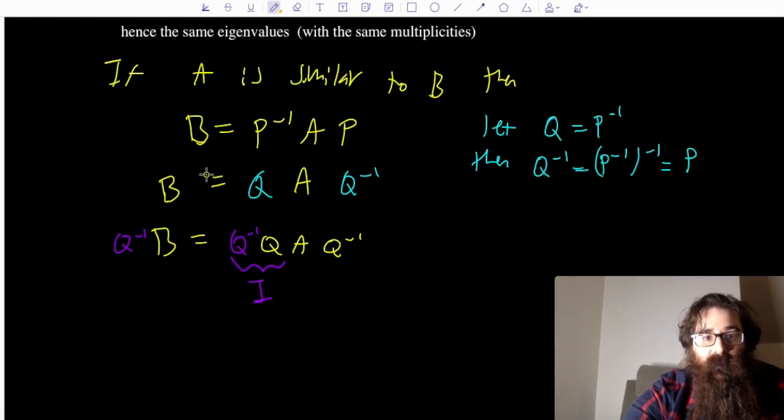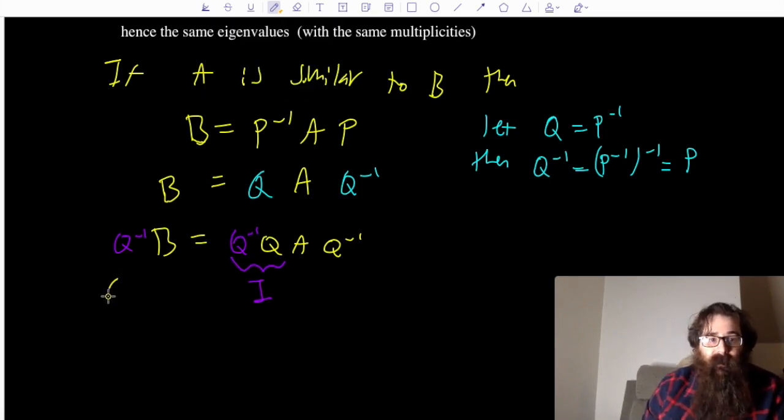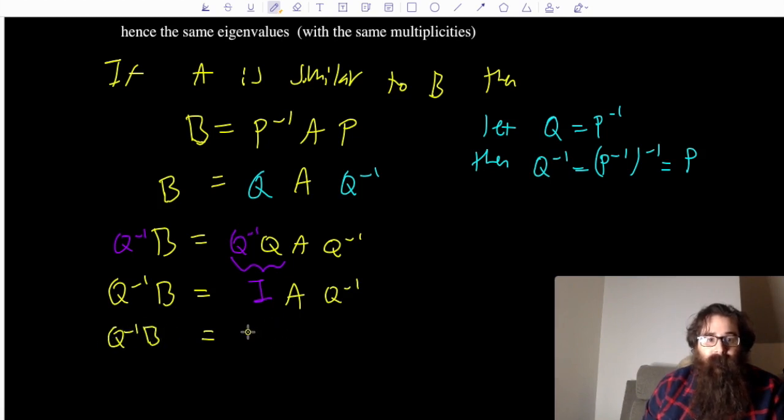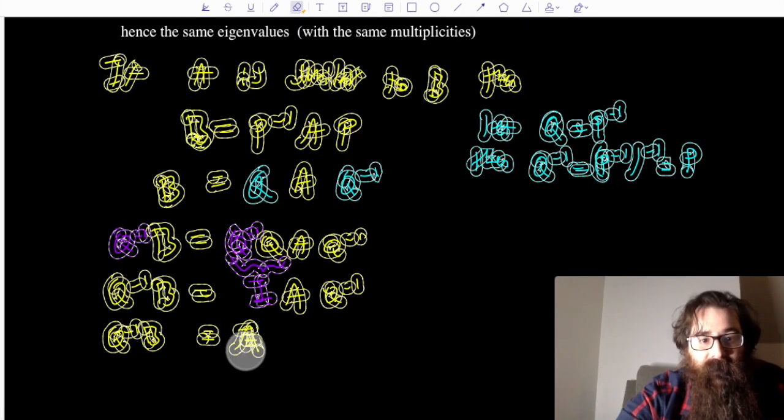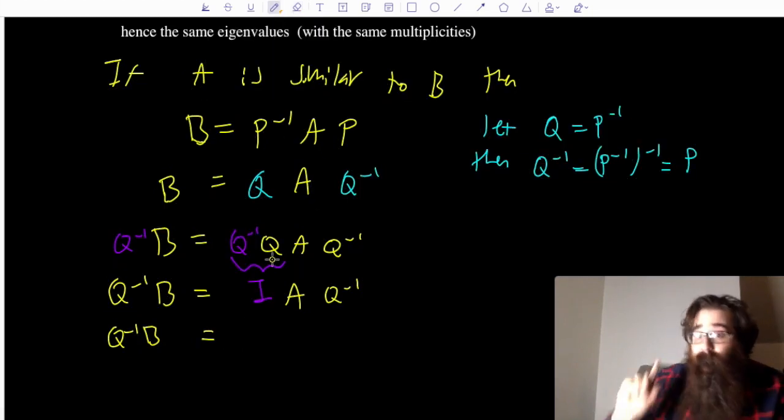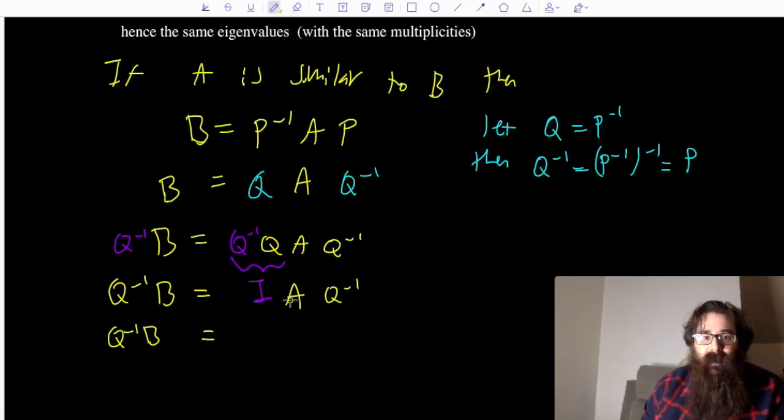So on the left-hand side, I have Q inverse times B, equals the identity times A times Q inverse. And the identity times A is just A times Q inverse.